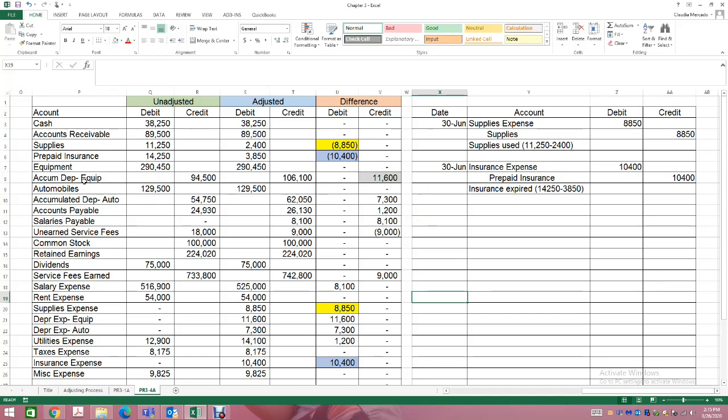Now accumulated depreciation is a contra asset. The normal balance is a credit. My offset is going to be depreciation expense equipment, so we are going to offset that to the entry right here for depreciation expense equipment for $11,600.